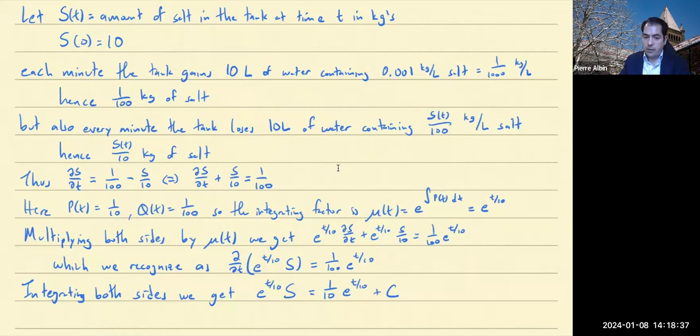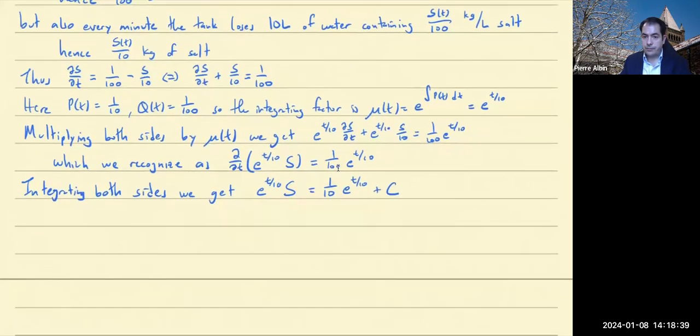Right? So solving for S of t, S of t is equal to 1/10 plus constant times e to the minus t over 10.